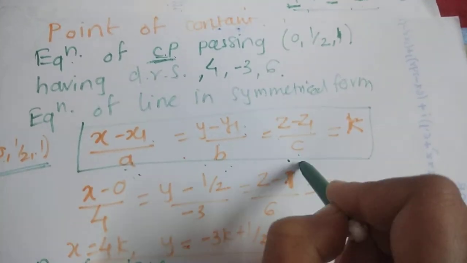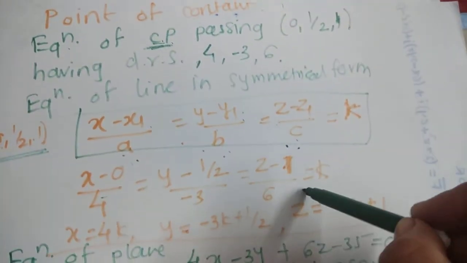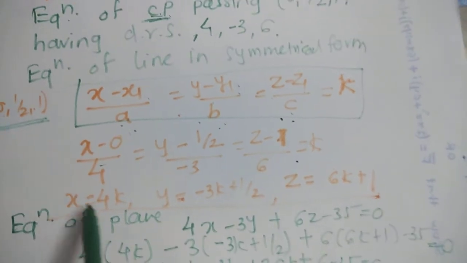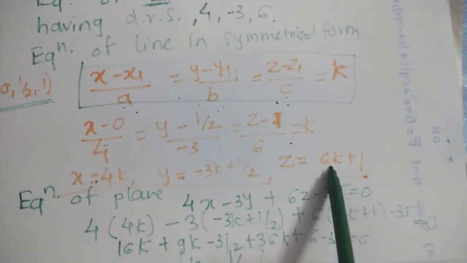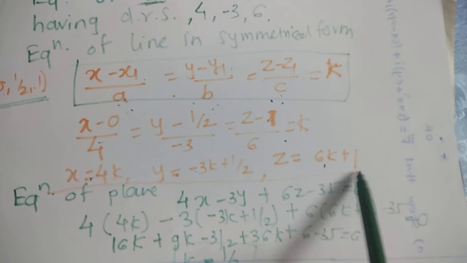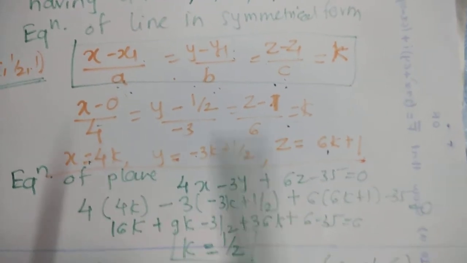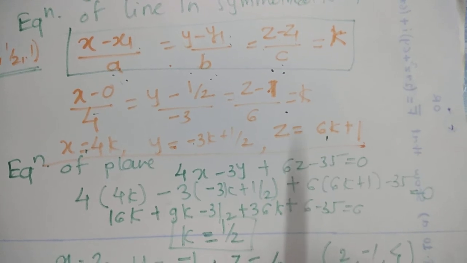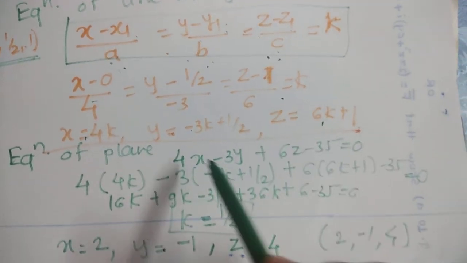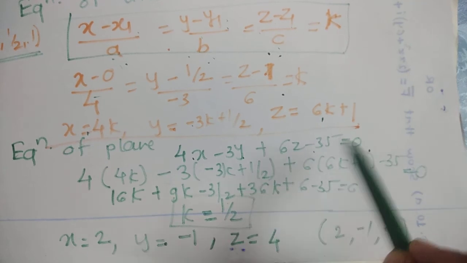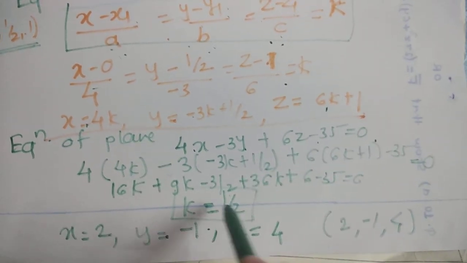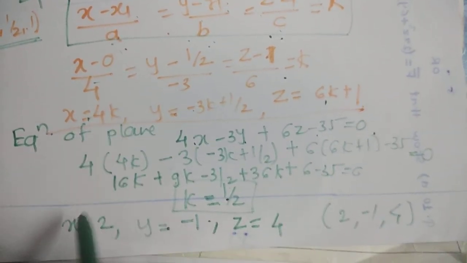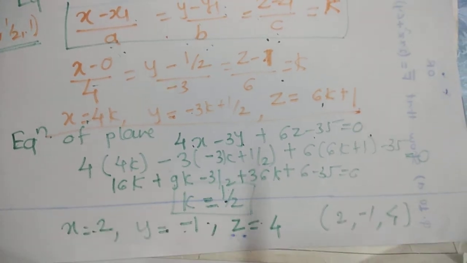So a, b, c are 4, minus 3, 6, and you get x, y, z in terms of k. Now this point x, y, z lies on the plane as well as the sphere. You could put it in the sphere, but for simplification, put it in the equation of the plane and find the value of k. By putting the value of k, you will get the values of x, y, z. Thank you.